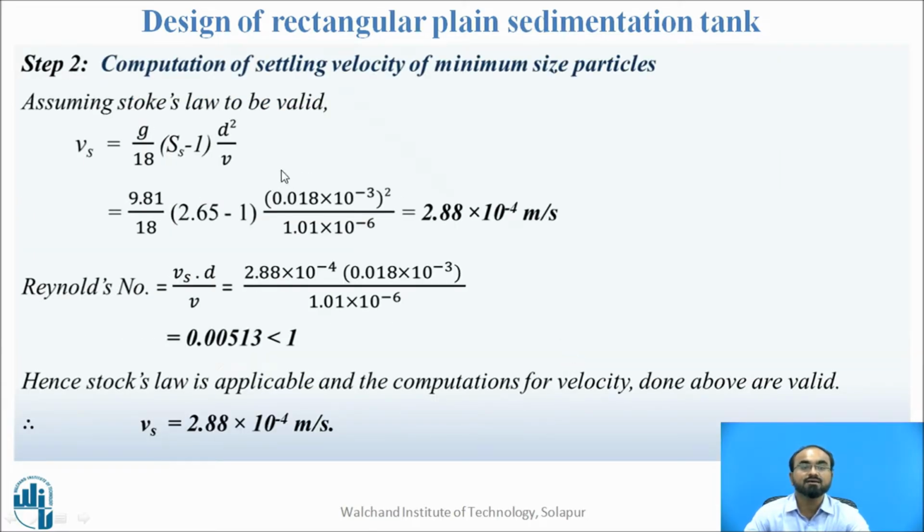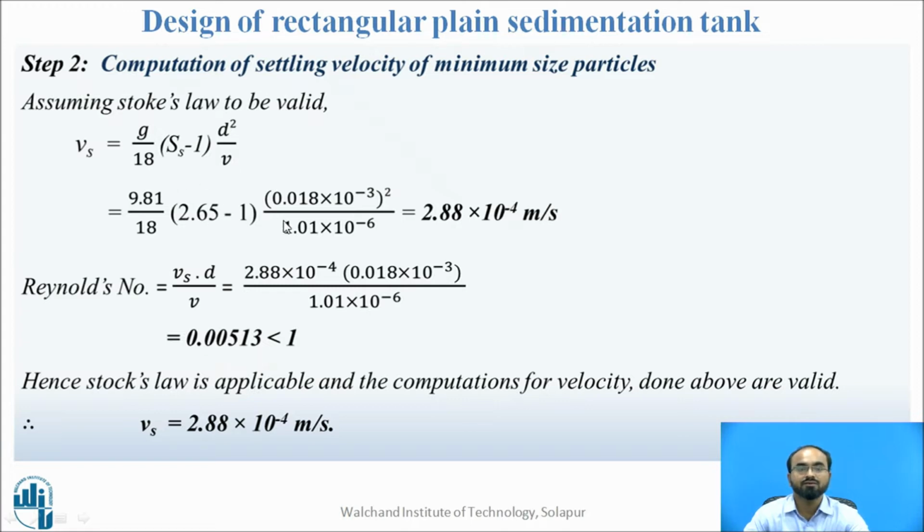Now second is computation of settling velocity of minimum size particles. For this we have to assume Stokes law must be valid. So what is the formula for Stokes law? Vs is equal to g by 18 in bracket Ss minus 1 into d square by nu.